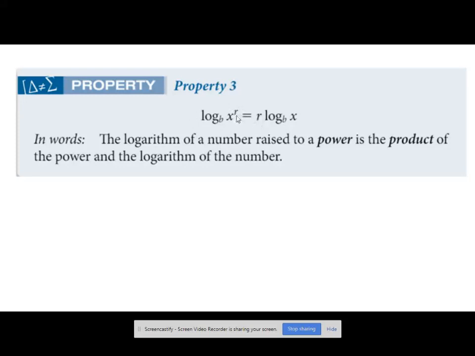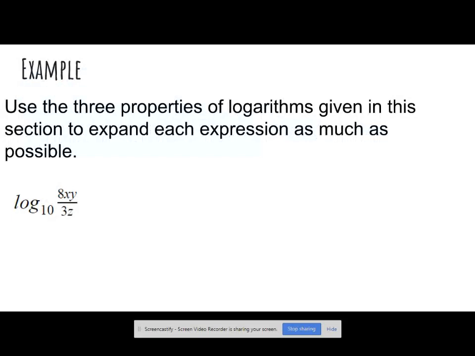So instead of log base b of x to the r power, it's whatever that power was, r, times the log of x. And so we can essentially get rid of the power altogether. If we're trying to solve for that exponent, if we're trying to solve for r, this allows us to bring that exponent out and make it into multiplication instead of a power. That's going to be really useful, and we're going to look at an example of that in just a little bit. So write that down.